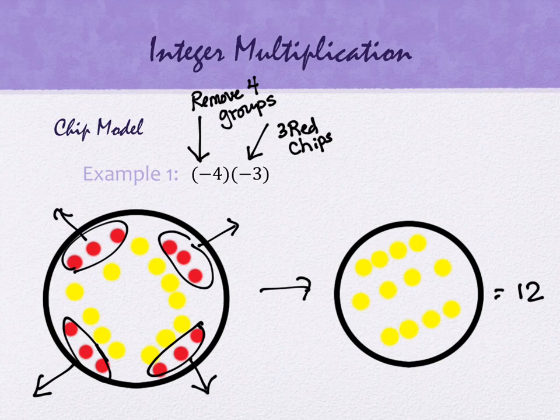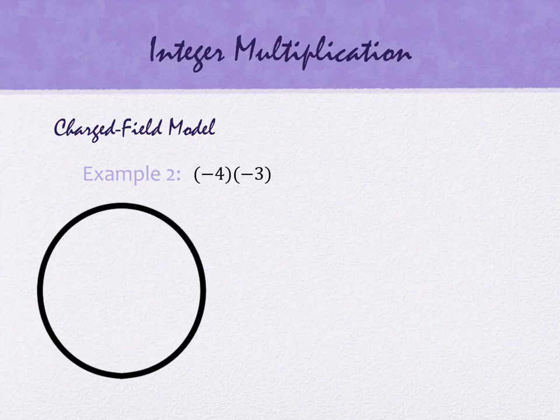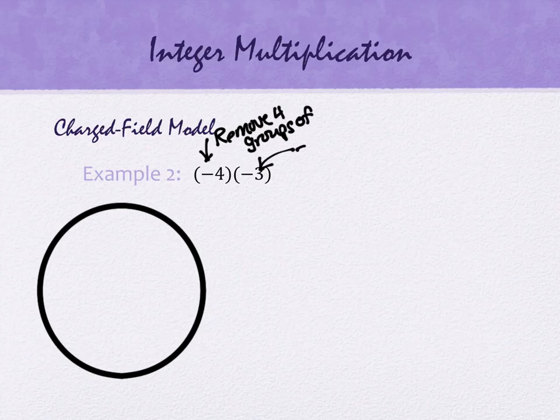All right, the charged field model looks much the same. It did before as well. It's not a surprise. So this is going to say, again, we're going to remove 4 groups of 3 negatives. So in the charged fields model, I actually have positives and negatives. So they're still occurring in 0 pairs, right?